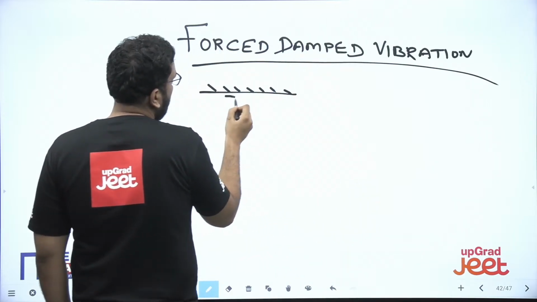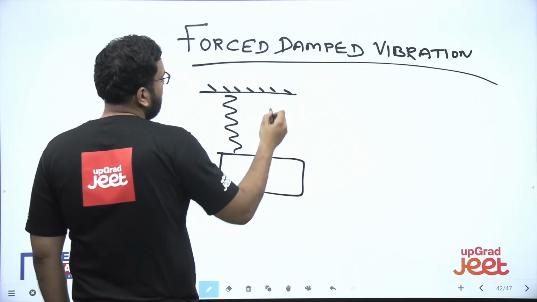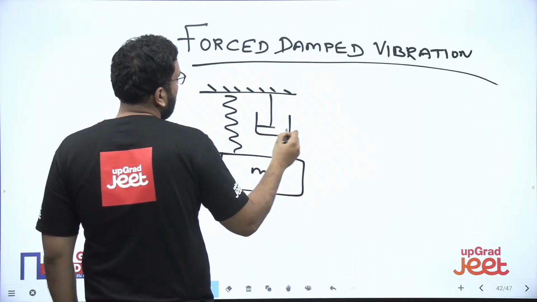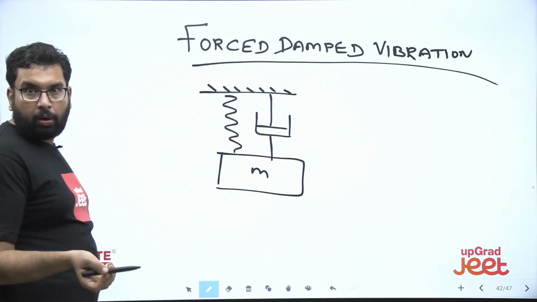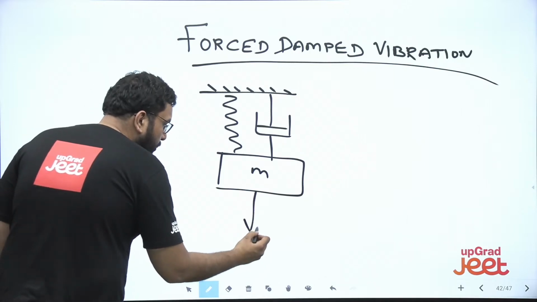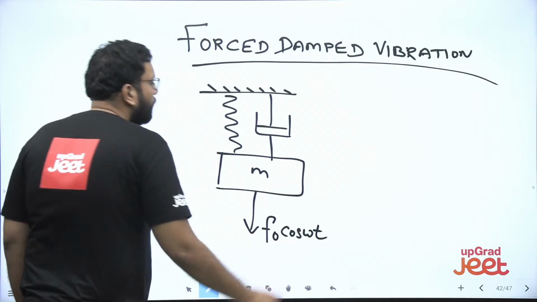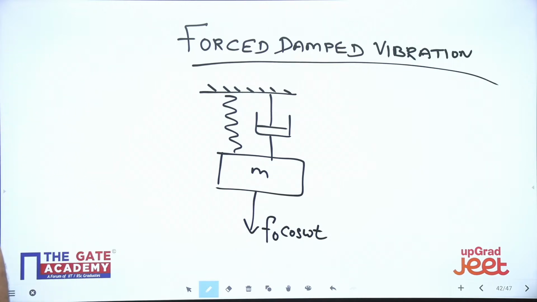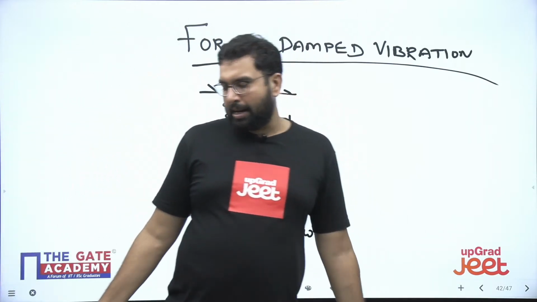This is your natural vibration, only spring and the mass. This is your damped vibration system, that is spring, damper and the mass. And what is your forced damped vibration system? You have a periodic force applied to it. It could be F naught cos omega t or sin omega t, that doesn't matter.